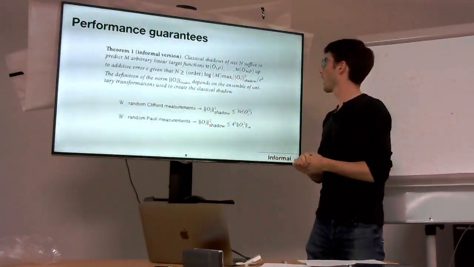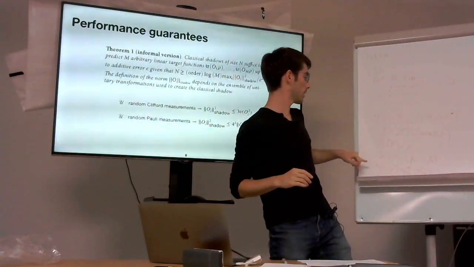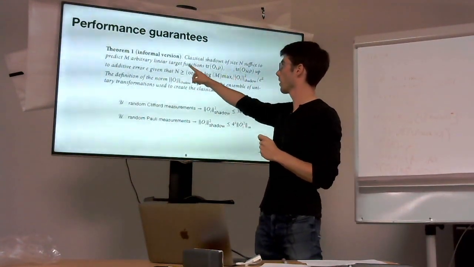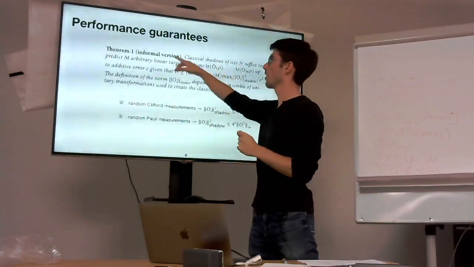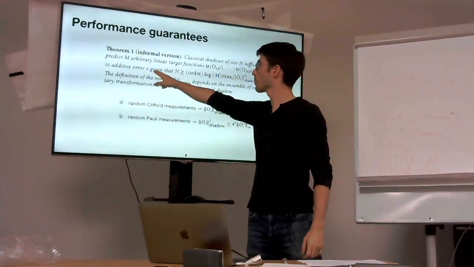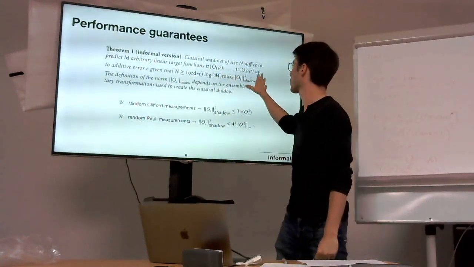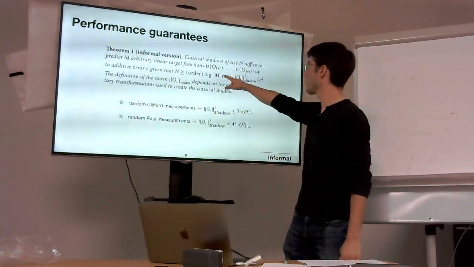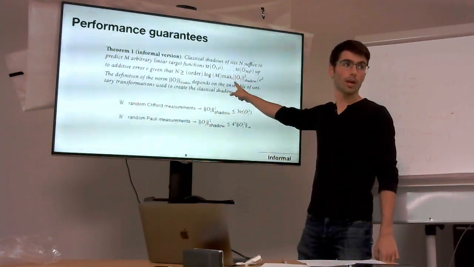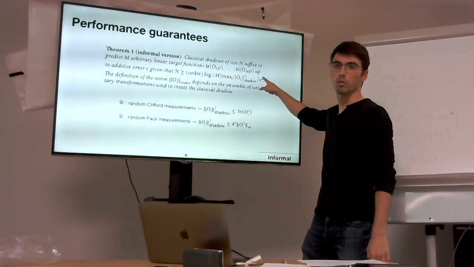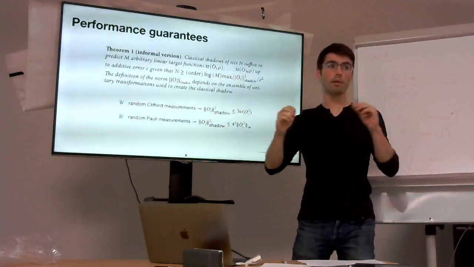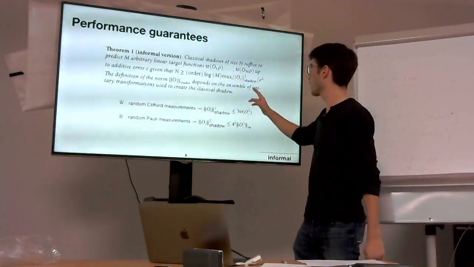But basically, with classical shadows, a string of size n suffices to predict m arbitrary linear target functions, that is m arbitrary expected values of observables, up to additive error epsilon, given that n is bigger than something in the order of the logarithm of m, and the maximum of all of these norms, that I will tell you now what these norms are, divided by the error squared, okay? So basically, it scales logarithmically with the number of observables that you have.